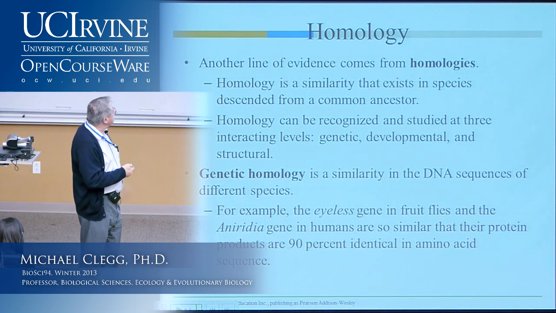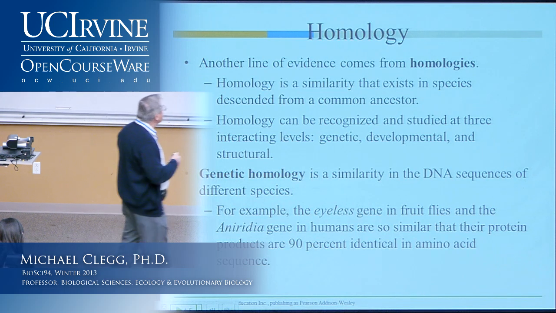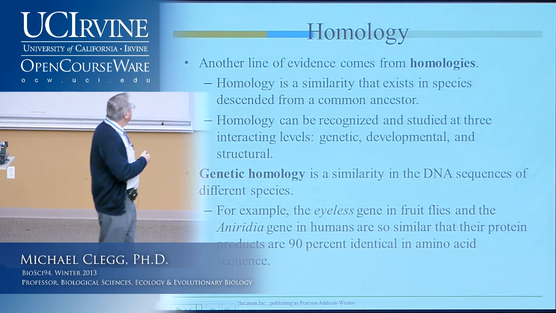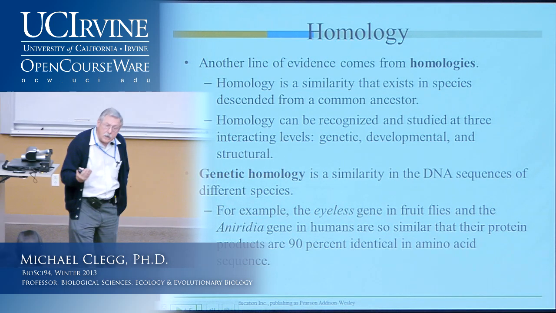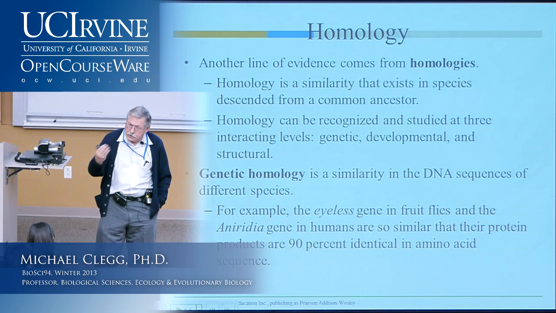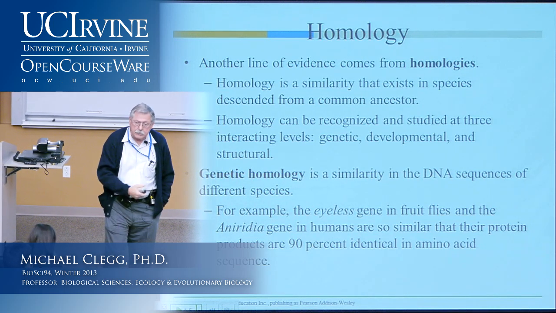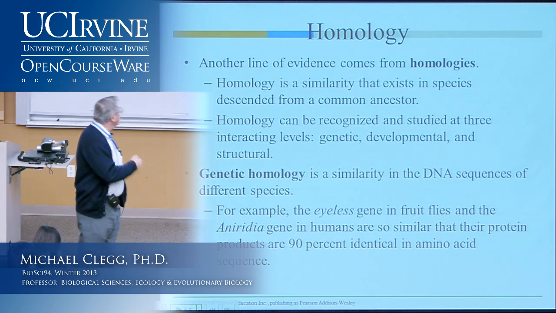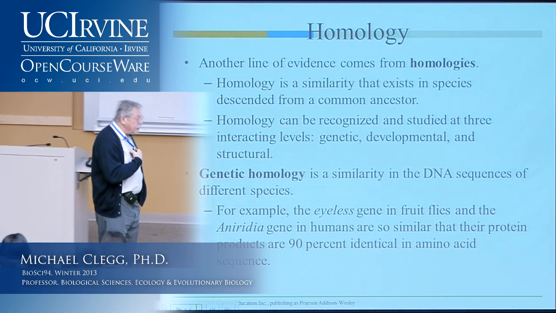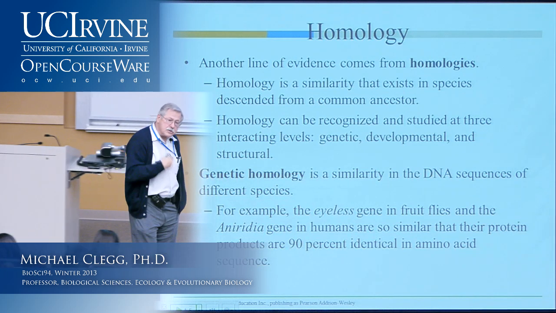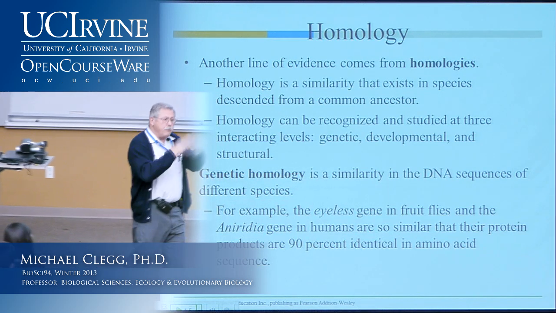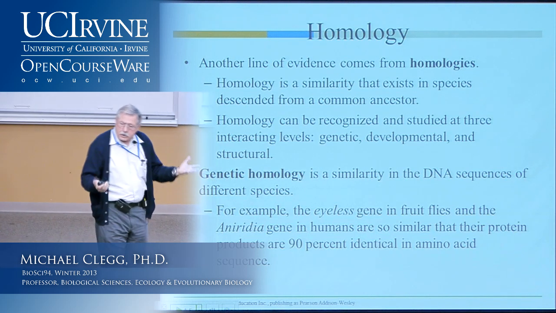Your book uses a different example, which is the eyeless gene from fruit flies, which has a homologous gene in the human genome, very similar in sequence, called the aniridia gene, and in both cases, they're responsible for the development of eye structures.